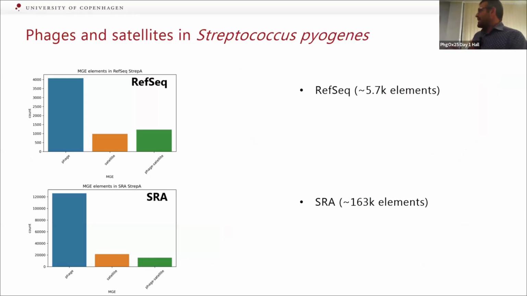So having analyzed the entire data sets in terms of mobile genetic elements, we found about 5.7 thousand of them in the RefSeq database, and of course, 163,000 in the SRA. And here, what I want to show is that we have, of course, the phages, the prophages, we have the satellites, but we also have a category that I called phage satellites. And why is that?